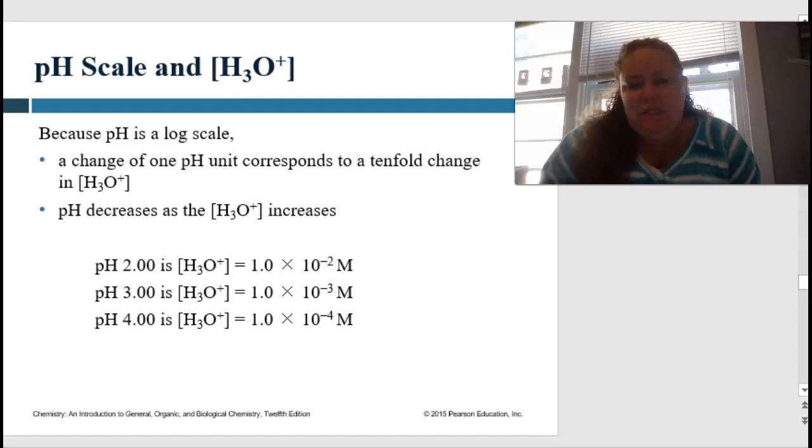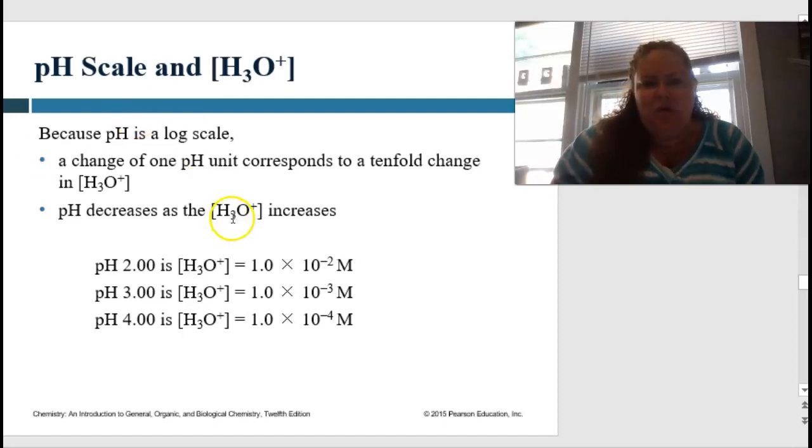And so the pH decreases as the H3O+ increases. So a pH of 2 is H3O+ of 1.0 times 10 to the minus 2. A pH of 3 is H3O+ equals 1.0 times 10 to the minus 3, and pH 4 is minus 4.